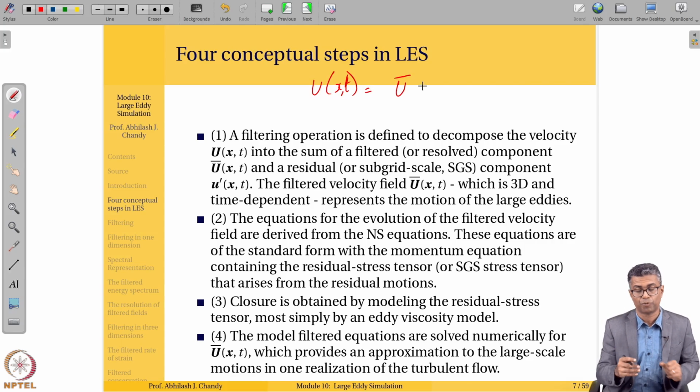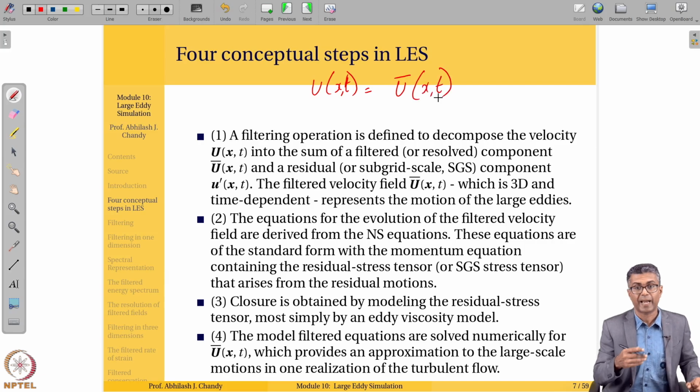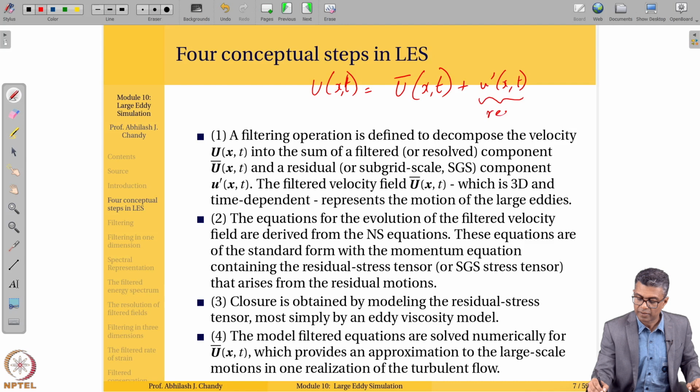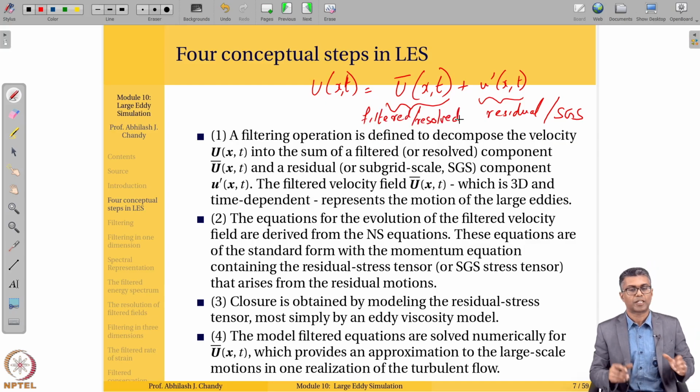That's the notation I'm going to be using for filtered velocity. U bar of x,t plus u prime of x,t. This is the residual field or the subgrid scale field. This is the filtered field or the resolved field.